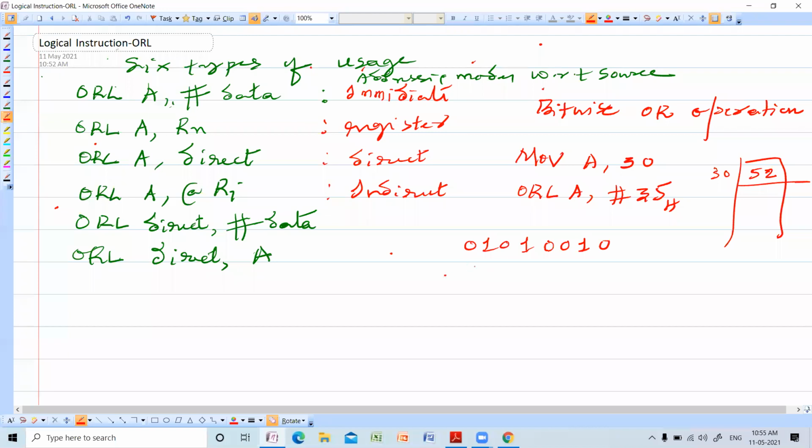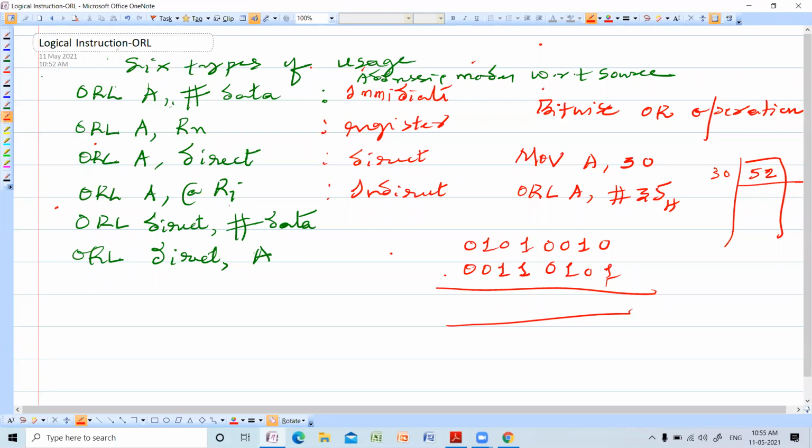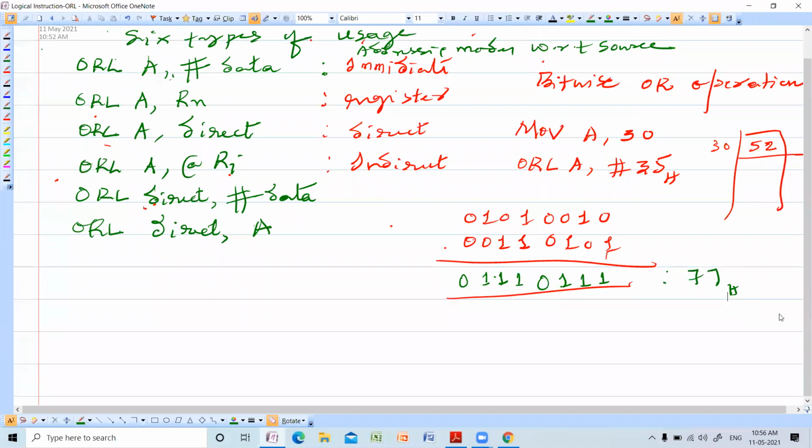Bitwise OR operation should be performed with 0 0 1 1 0 1 0 1. This is 35. So what will be the answer? 1 OR 1 is 1, this is 1, this is 0, this is 1, this is 1, this is 1, this is 0. So you got 77H. This is how the bitwise OR operation is performed.